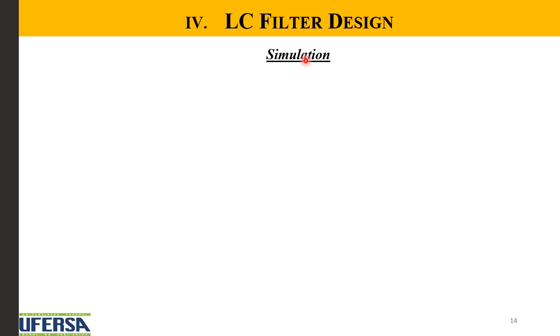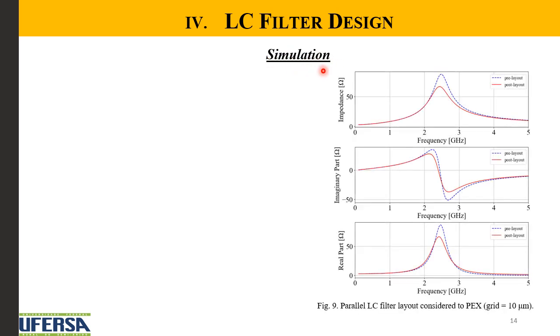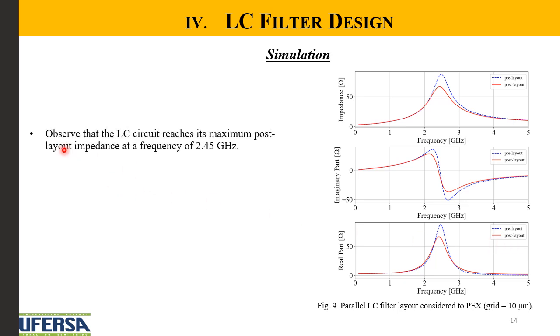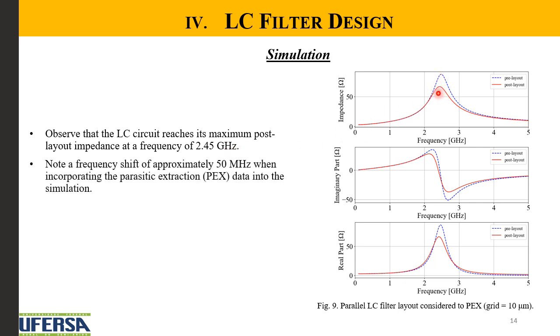And here there is a simulation of the LC filter with the pre and post layout. We can observe that the LC filter reaches its maximum post layout impedance at the frequency of 2.45 GHz here, and this shows a shift of 50 MHz in comparison to the pre-layout simulation.